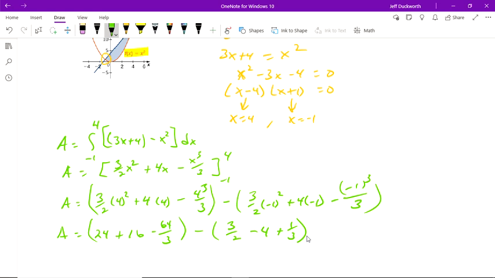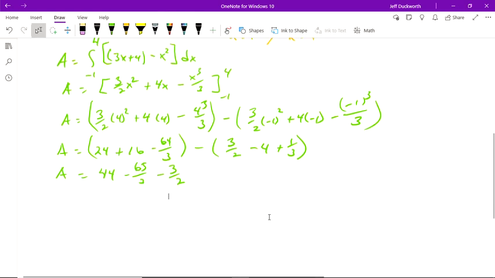Okay, so let's get the integers out here. 24 and 16 is 40, plus we have a negative and a -4, which is positive 4, so that's going to give us 44. The thirds: we have -64 thirds minus a positive 1/3, so it's -65 thirds. And then we have an additional -3/2 to boot.